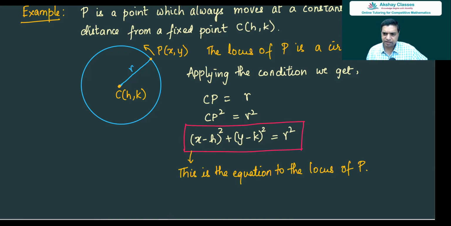So an equation like this is an equation of a circle. (x minus h) whole square plus (y minus k) whole square is equal to r square, where C(h, k) is the center. The point moves in such a way that it's always at a constant distance from C, so the path of the point is a circle.